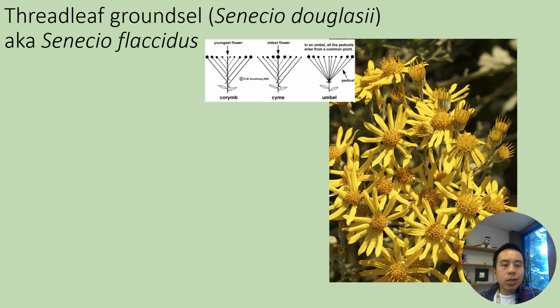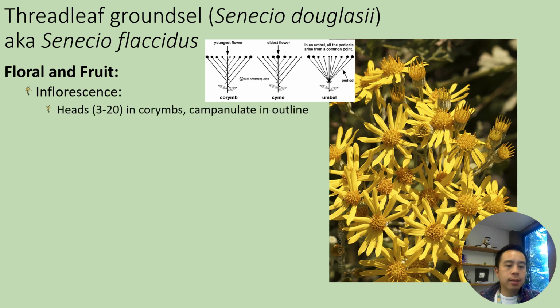So, Senecio flaccidus or threadleaf groundsel has inflorescence heads that are arranged in corymbs, as you can see in this nice figure I've placed for you. Corymbs essentially have these alternately placed stalks that are proportionally longer further down the stem and shorter as they go up the stem.